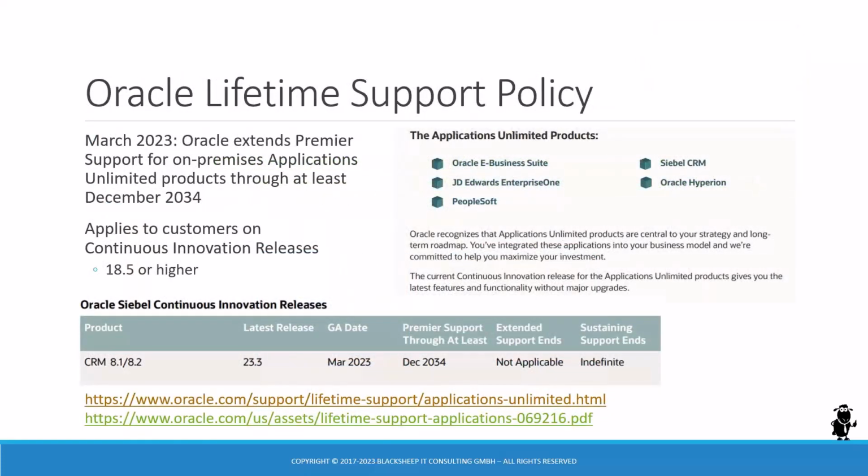And a reminder here, Oracle has extended the Premier support for another year as has been expected, and now Premier support for Siebel is through at least, as Oracle says, December 2034. And well, that's more than 11 years away, and Oracle promises to think about extending that for 1 year every year.